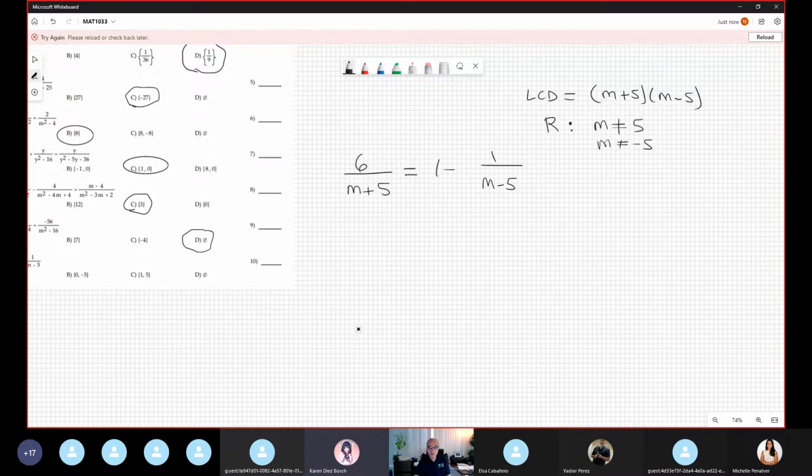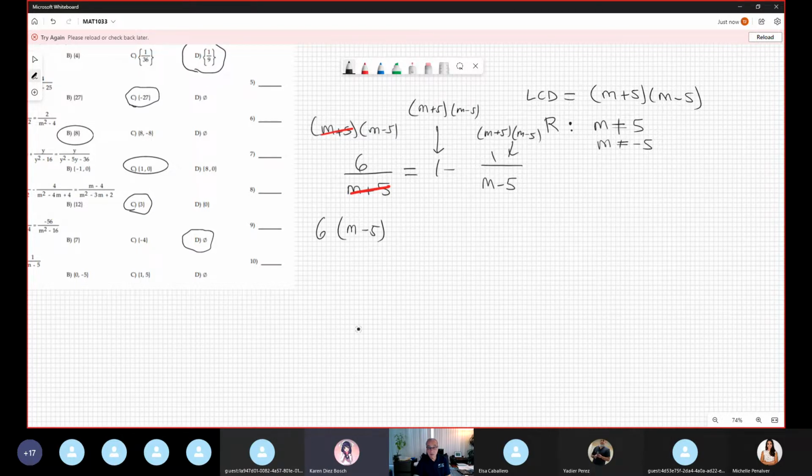Now multiply by the LCD, m plus 5 times m minus 5. But everything, guys, including this one, m plus 5, m minus 5, and the last one, m plus 5 and m minus 5. Okay, so you cancel out this and this. Stay 6 times parenthesis m minus 5.